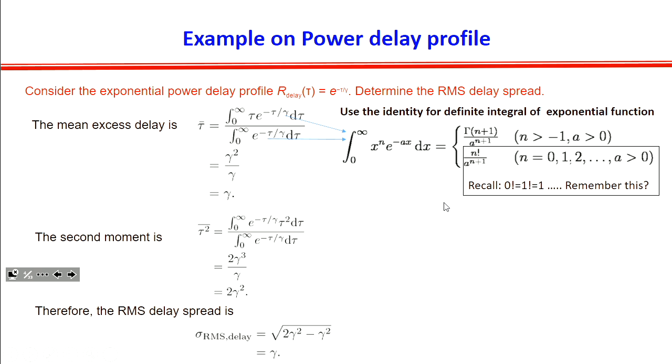But there are other channel profiles that can be unpredictable because the component that arrives a bit later can have a stronger power compared to the one that's received earlier. So that's another type of difficult channel to deal with.